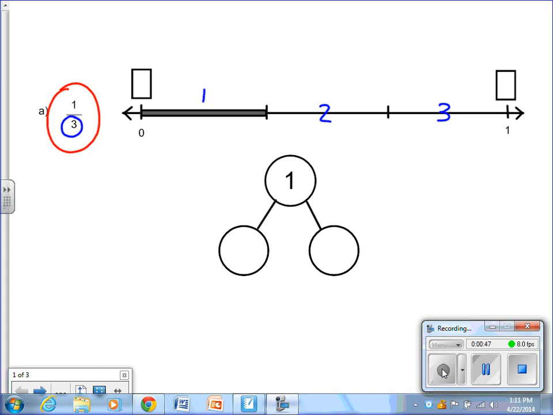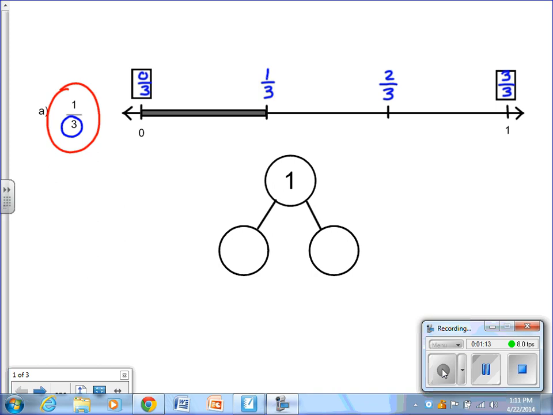So if I have 3 equal parts and my unit is thirds, then we can rename 0 as 0 thirds. And we can rename 1 as 3 thirds. So to fill in the other fractions, this part here would be 1 third, and this part would be 2 thirds.